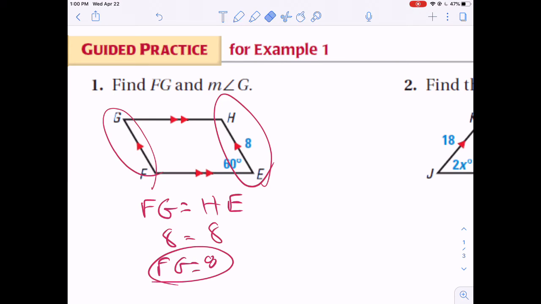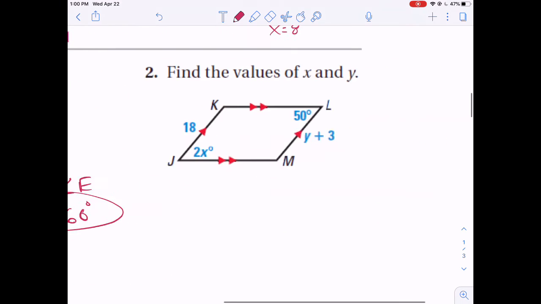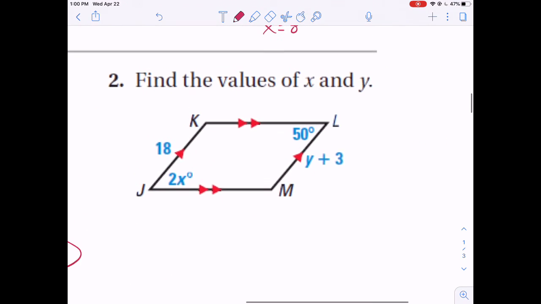Let me get rid of some of these lines so we can see what we've got going. Angle G here is up in the left-hand corner. The opposite angle is angle E. So we know that the measure of angle G is going to equal the measure of angle E. If E is 60, then angle G is also 60 degrees. Pretty straightforward, we hope.